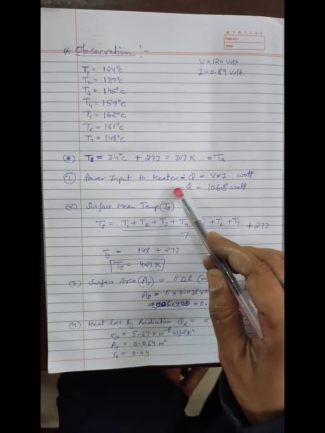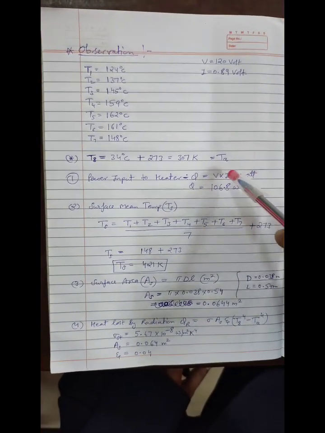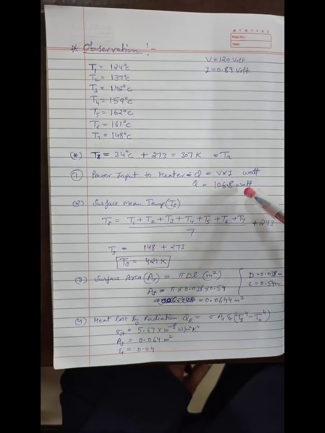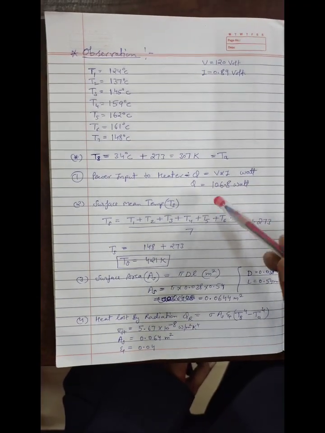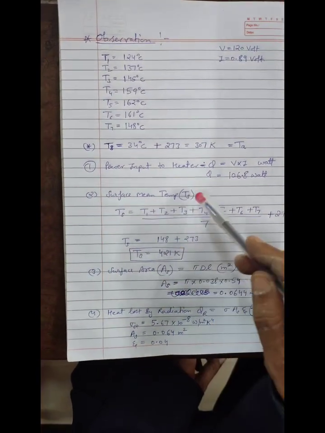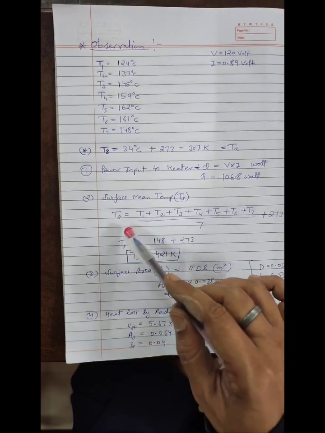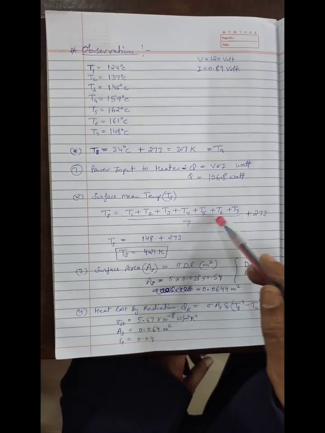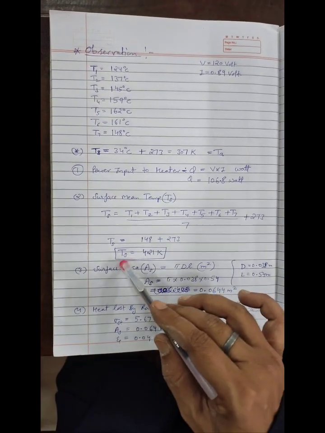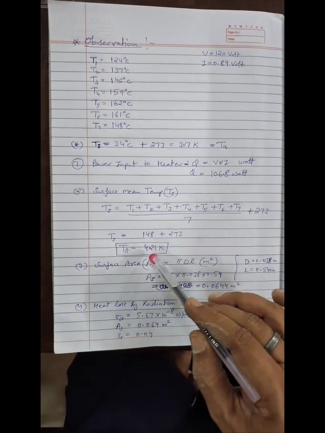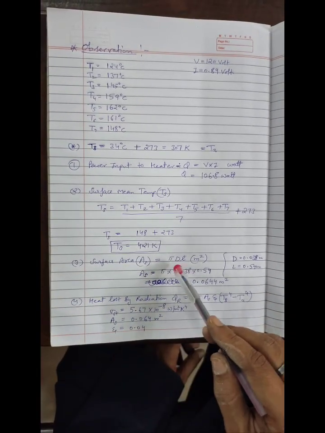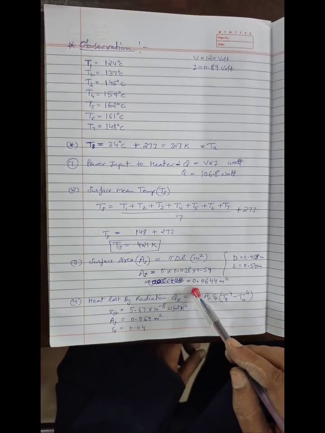Power input to the heater is calculated by voltage into current, which is 106.8 watt. The surface mean temperature of the cylinder, Ts, we calculate as T1 to T7 divided by 7, plus 273, and this is our Ts, 421 Kelvin. The surface area of the cylinder, pi d l, we calculate as 0.064 meter square.